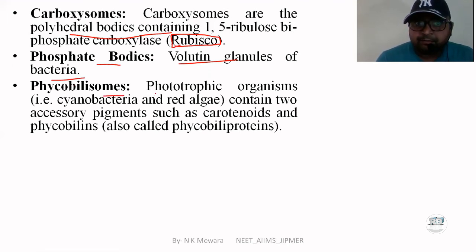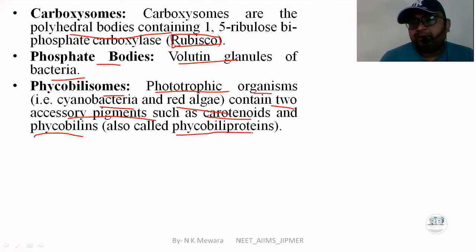Phycobilisomes. Phototrophic organisms like cyanobacteria and red algae contain two accessory pigments: carotenoids and phycobilins, also known as phycobiliproteins. We study phycobiliprotein as a pigment, but here as an inclusion body.